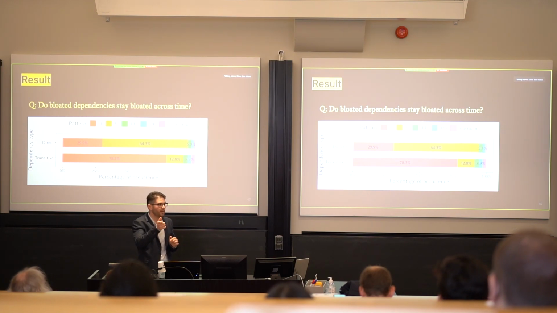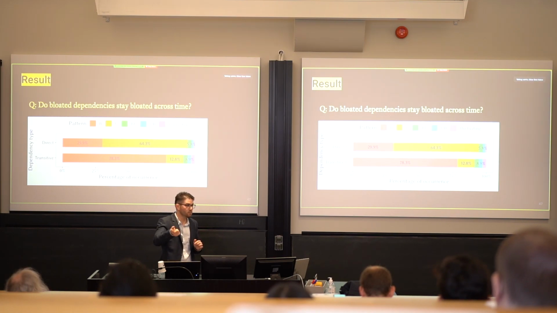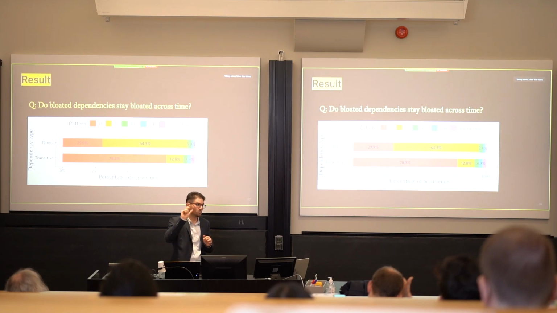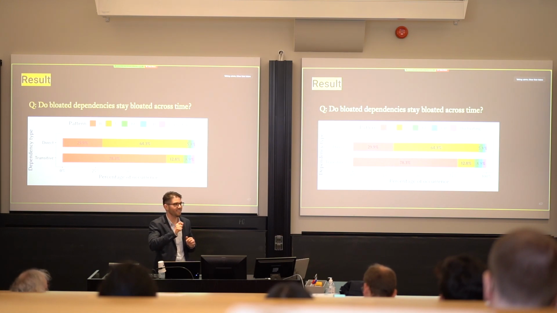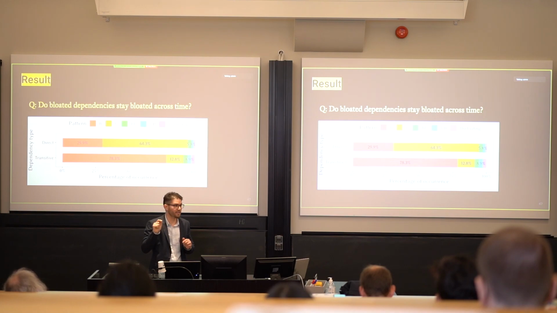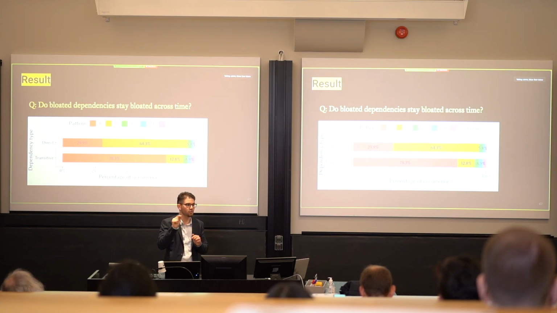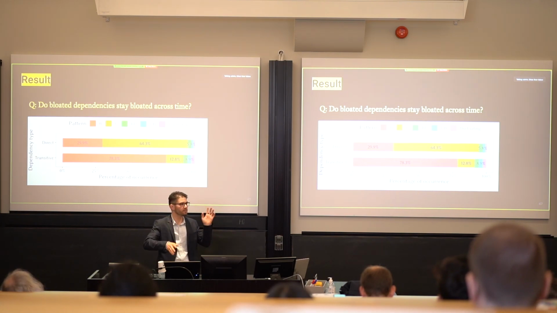And we have transitional patterns. The first one is BU, which means that the dependency was first bloated and then used. This is the concern of the developers, actually. And the other pattern is UB. It means that it was used and then bloated, and we have some fluctuation.